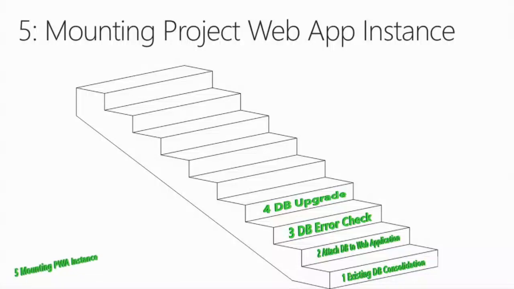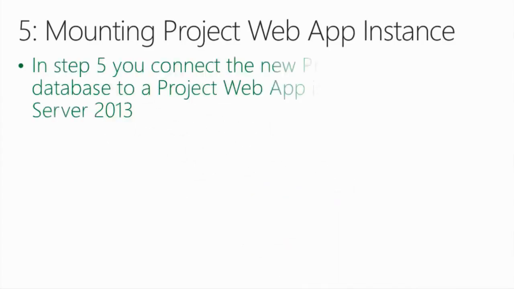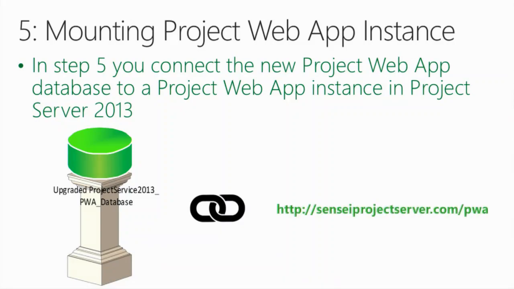So your 5th step is mounting your Project Web App instance. What you do in step 5 is you connect your new Project Web App database to a Project Web App instance in Project Server 2013. So actually, you're linking the 2 of those together in that step. Pretty straightforward. The commandlet used for that is Mount-SPProjectWebInstance, as you might expect.